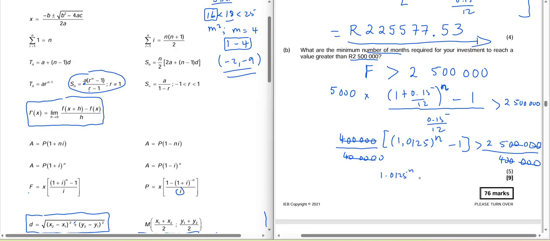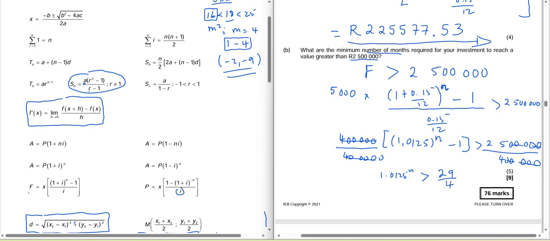Then 1.0125 to the power of n should be greater than, if we throw 1 to the other side, it will be plus 1. So 25 over 4 plus 1 is like adding 4 over 4, so 25 plus 4 gives 29 over 4.